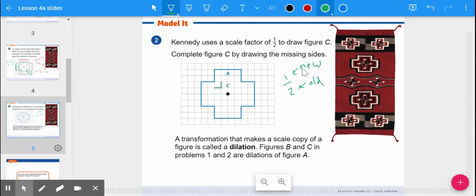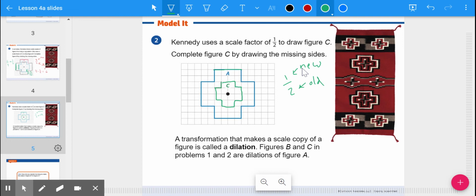Meaning if we have this top side length of 4, 1/2 of 4 is 2, so it's going to have to be 2 here. Oh, sorry, I moved it. So then anytime it's 2, it's going to be 1, so it's going to make a plus sign kind of like this. All the side lengths are just half the size.